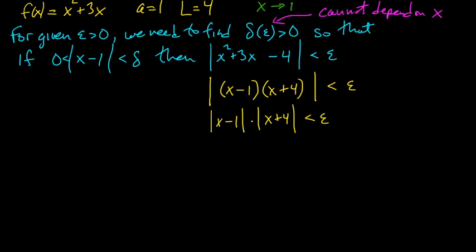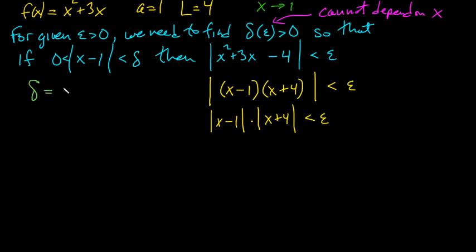Okay, so this is where the argument gets a little bit subtle, so I'll try to go through this carefully. Remember, we need to pick a delta, and I could make delta essentially anything I want, and it may or may not work.